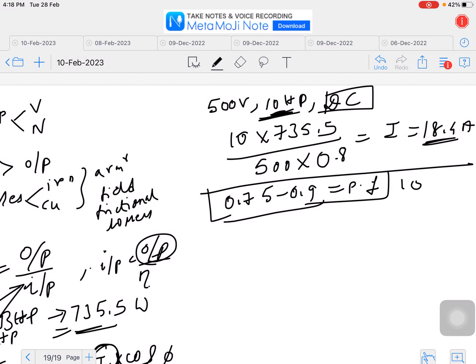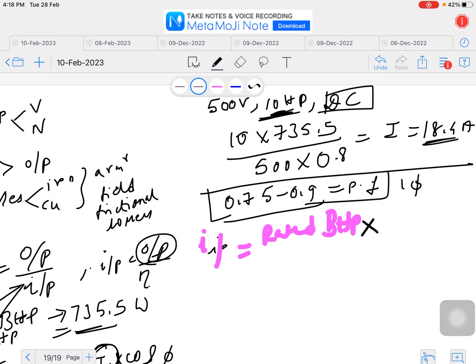Input current for a single phase AC motor can be determined using the formula: rated BHP times 735.5 divided by the supply voltage, efficiency, and power factor. Rated BHP is used because it is the rating size.